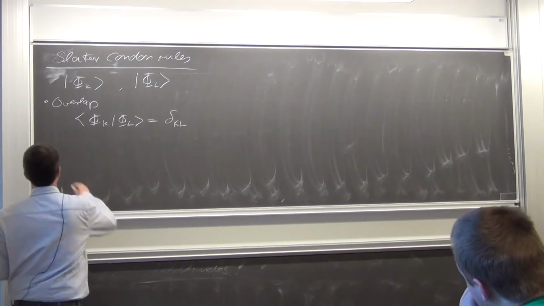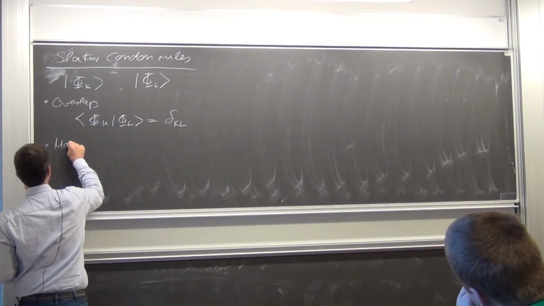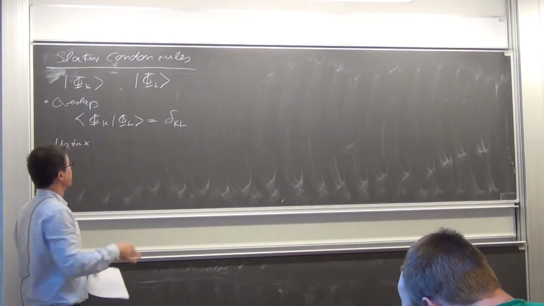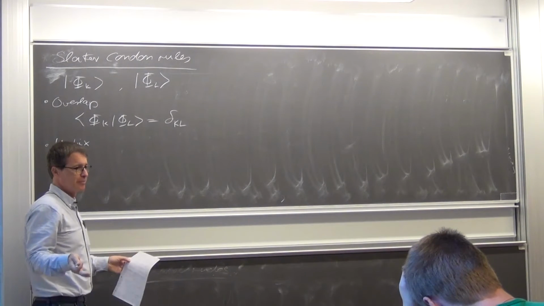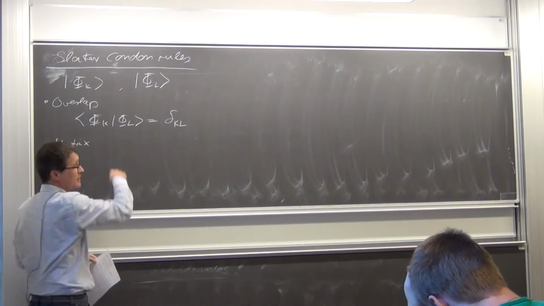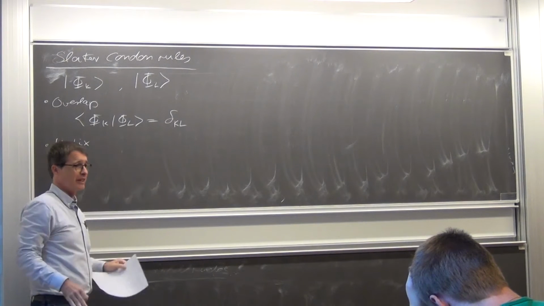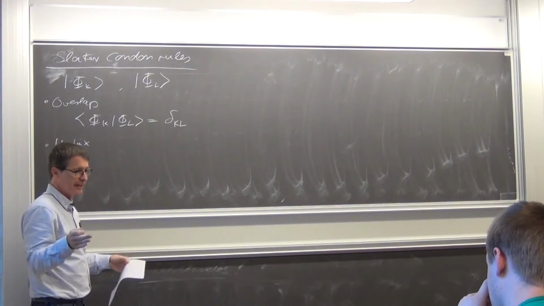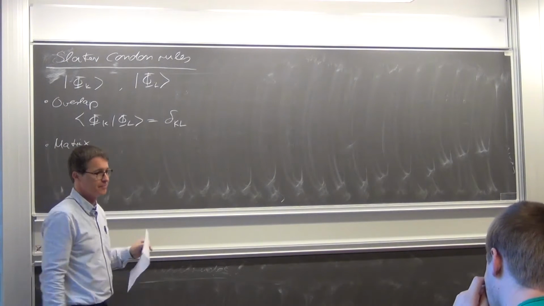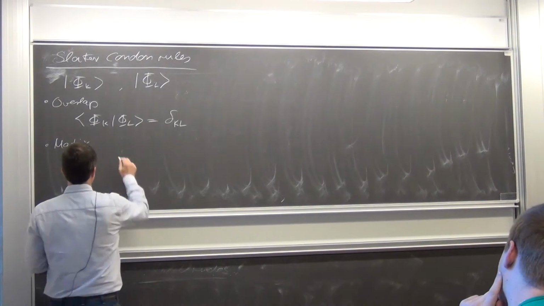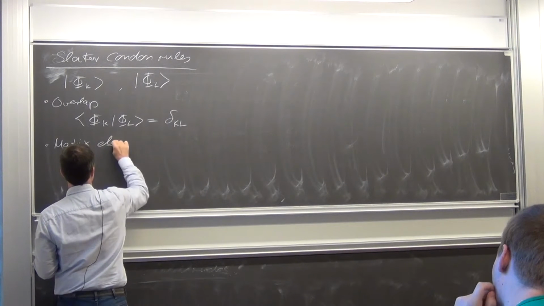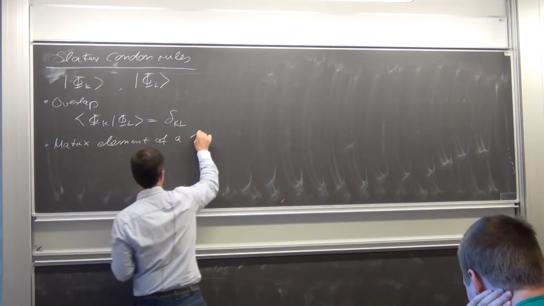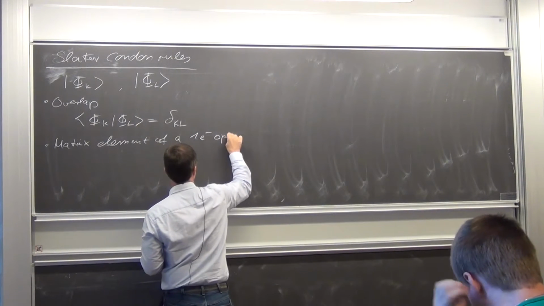Then we have a matrix element. They are very often called matrix elements because if you have several determinants, you collect them in a matrix, which is the matrix of all the integrals over the operator in this basis. First, the matrix element of a one electron operator.